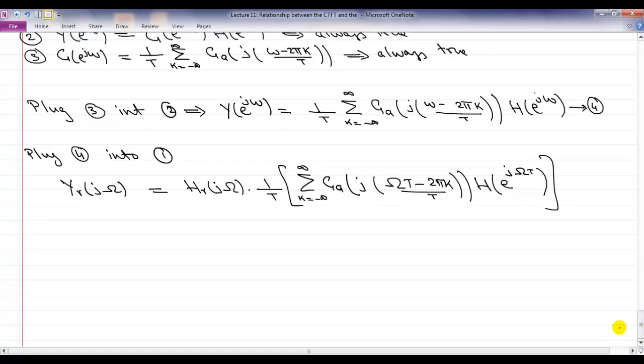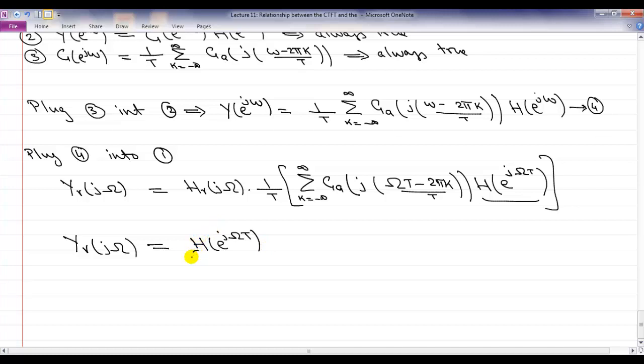So we still don't see G_A of j omega. We are trying to get to that. But let's just simplify it a little bit further. Since this does not depend upon k, I'll just take it out. So I get H of e to the j omega, which is just a scaled version of the Fourier transform of your discrete time system.